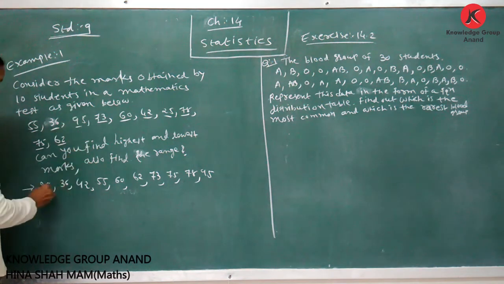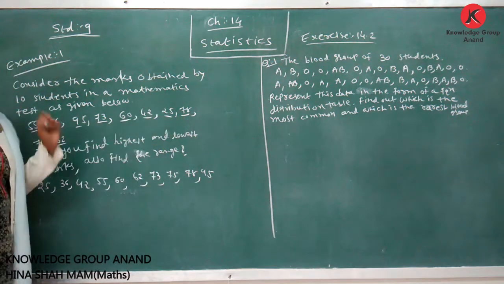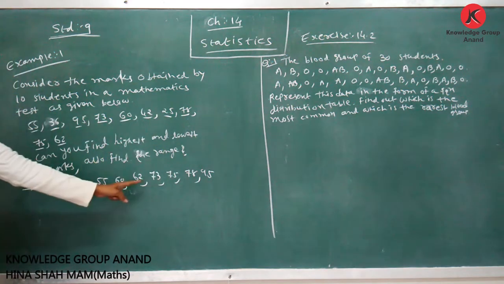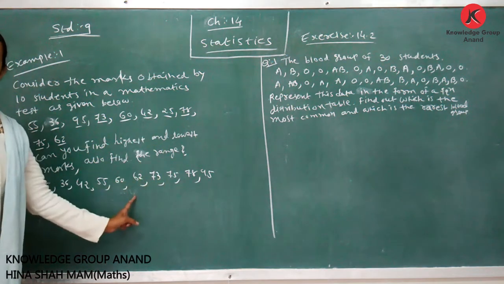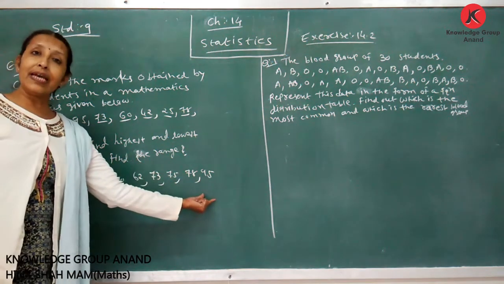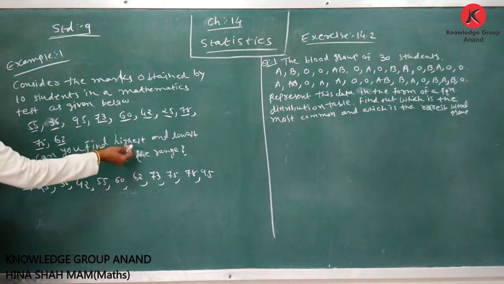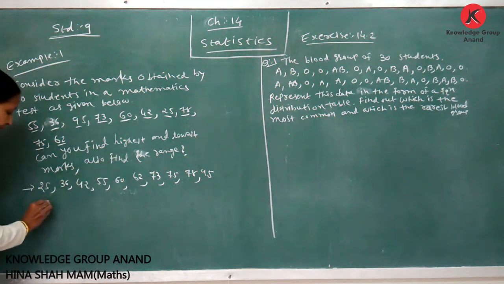Count 10 observations: 1, 2, 3, 4, 5, 6, 7, 8, 9, 10. Here we arranged the observations in increasing order. What is the highest value? 95 is the highest value. And what is the lowest value? 25 is the lowest value. Then can you find the highest and lowest marks?